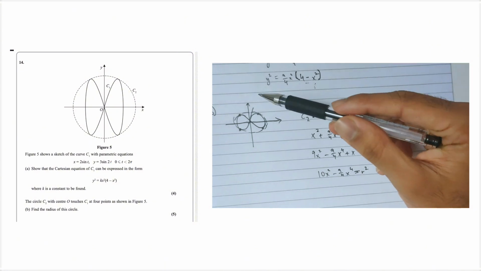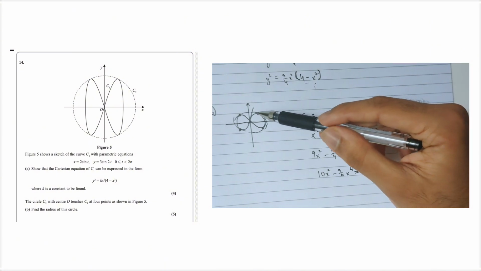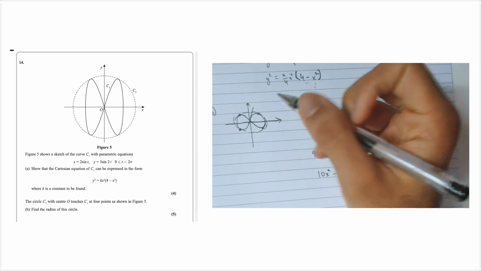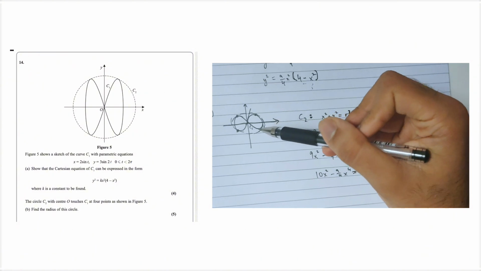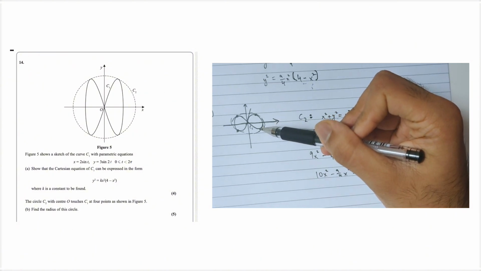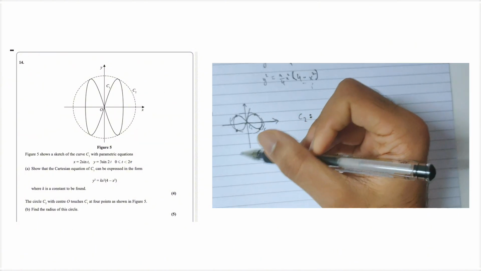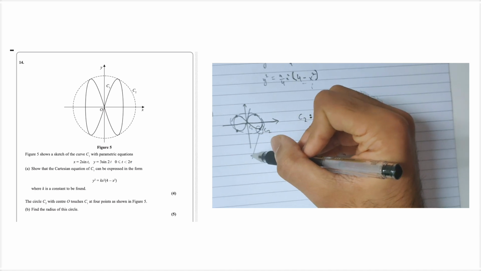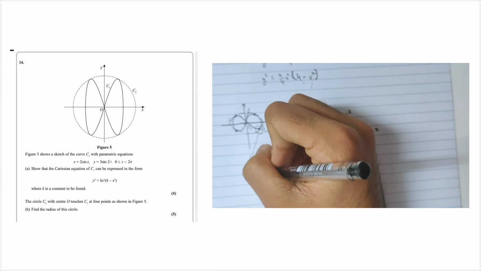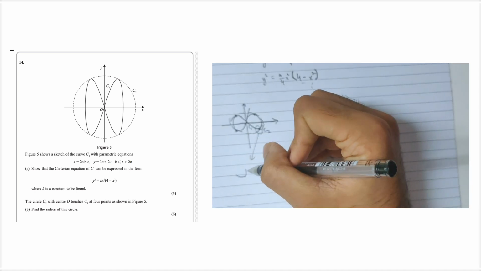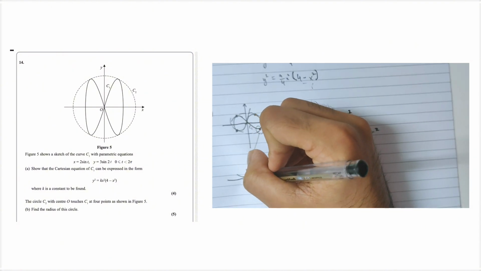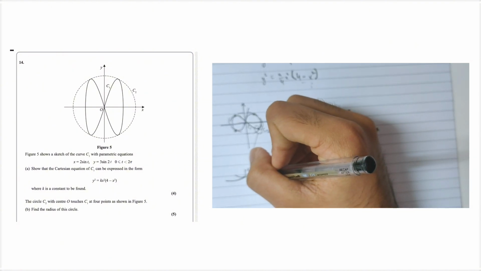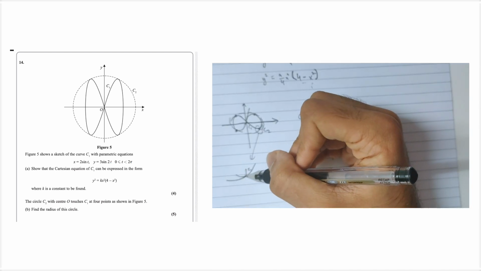Now, you need to notice that at this point, the bigger circle, C2, touches C1 the way a tangent would. So if I zoom in on this part over here, that's part of C1, and then C2 comes around and touches at exactly one point on that part of the curve of C1.